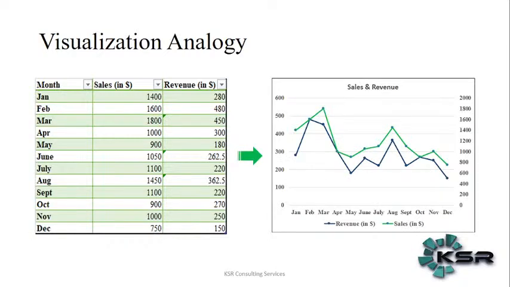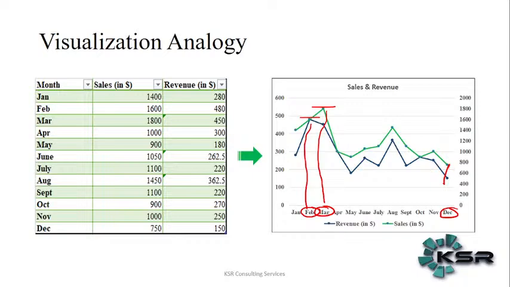The moment you see this, what you observe is this is a peak, this is a peak, and this is the highest for sales and highest for revenue. And we have the lowest one, which is December. Don't you think I took just 5 seconds to answer this?